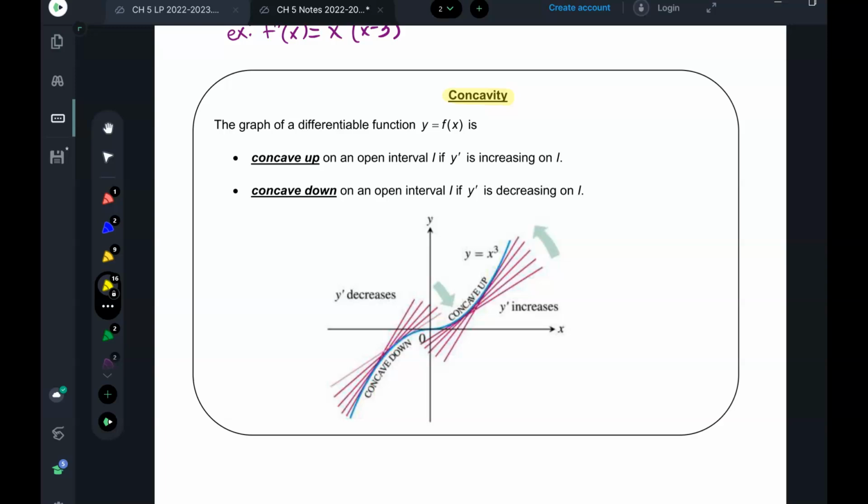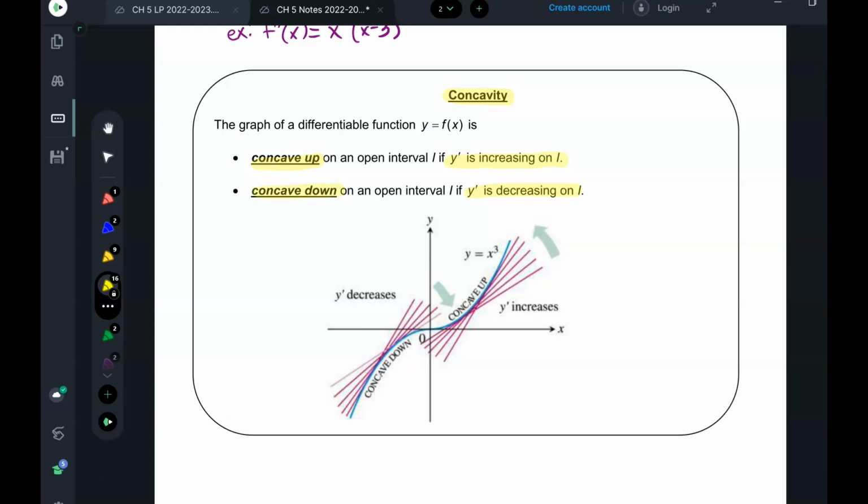If y prime is getting smaller and smaller, it's going to be concave down. Over on this side, if I follow my tangent line, it's getting steeper and steeper. So when y prime is increasing, it's concave up. When y prime is decreasing, it's concave down.